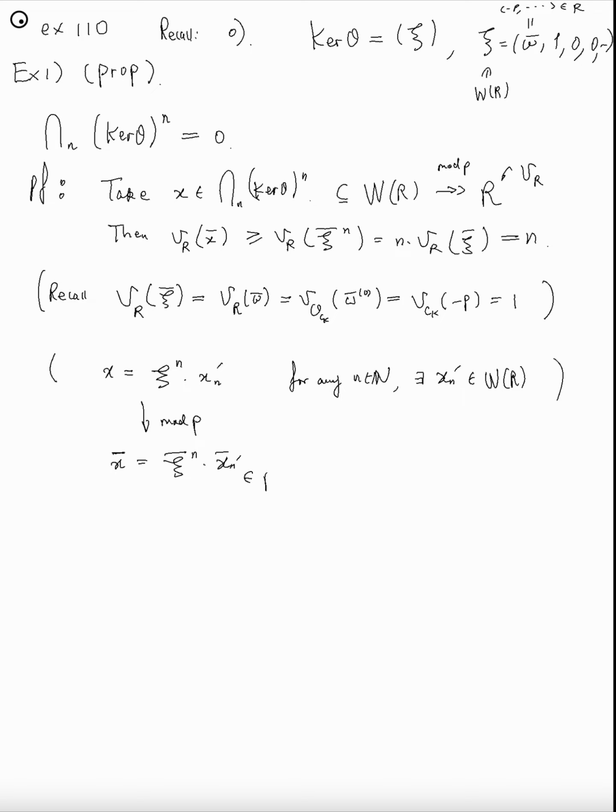This is in R, so in particular its valuation is bigger or equal than 0. So this is obviously already telling you that x bar equals 0, because its valuation is bigger or equal than n for every n, so its valuation is infinity.